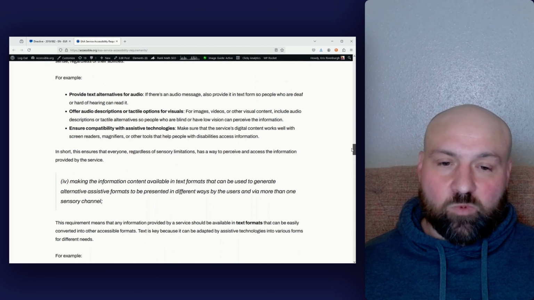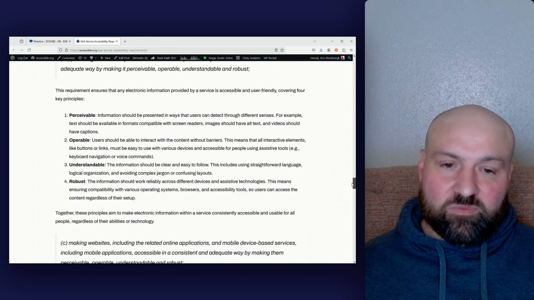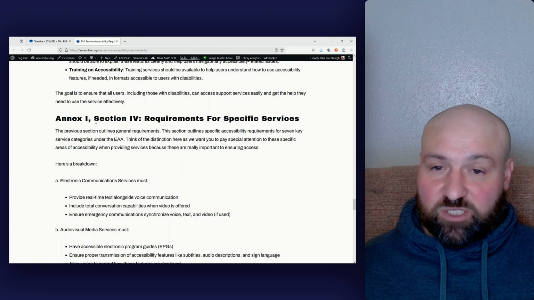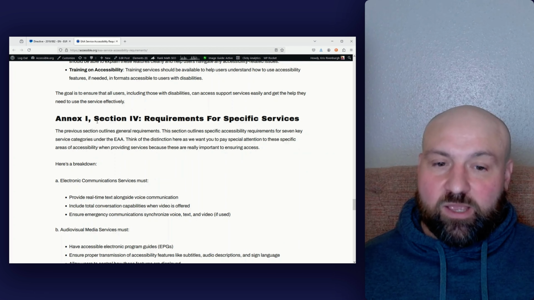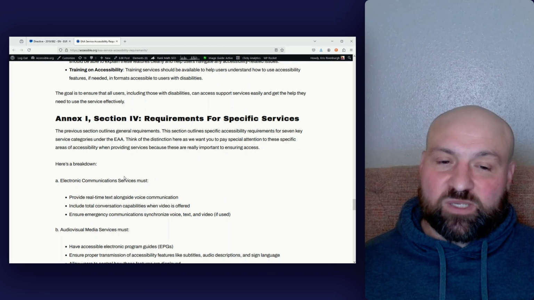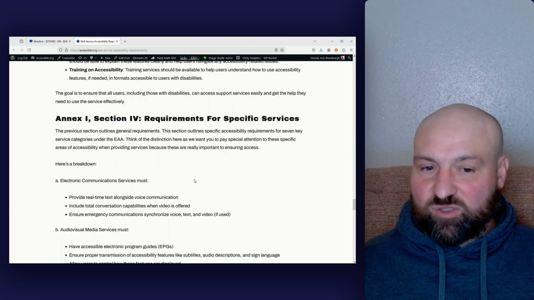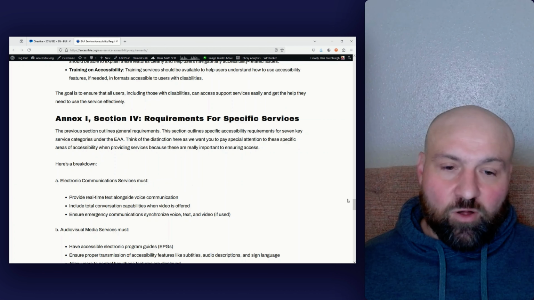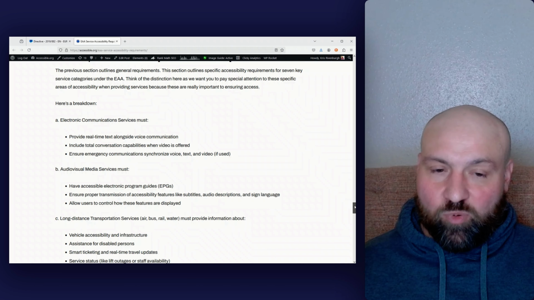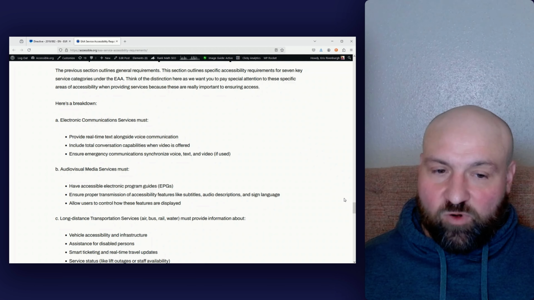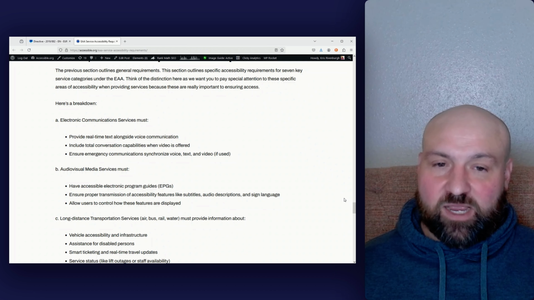All right, so we are scrolling down, and as we scroll down, you can guess that, of course, we are going to come to Section 4 of Annex 1. And then here we similarly have a breakdown of the 7 specific service types, and these are all listed out with bullet points with the highlighted requirements for each specific service type.